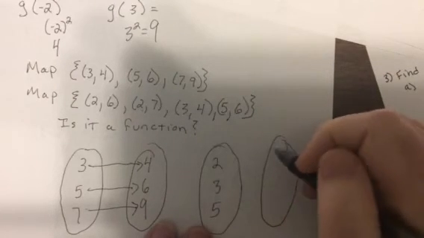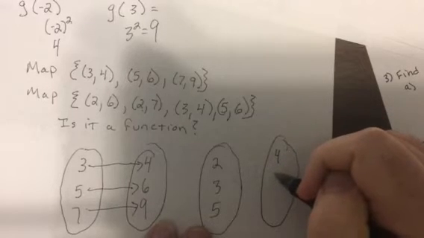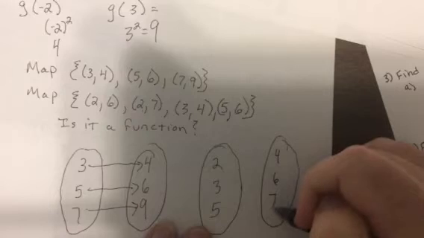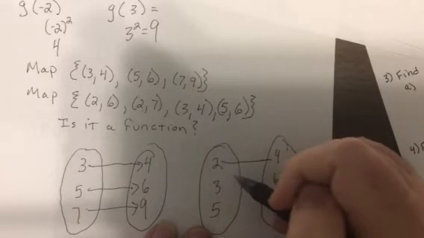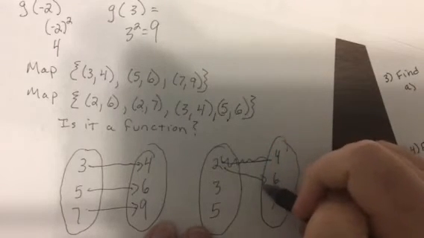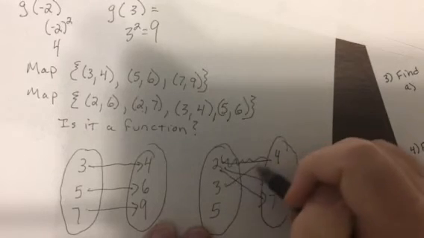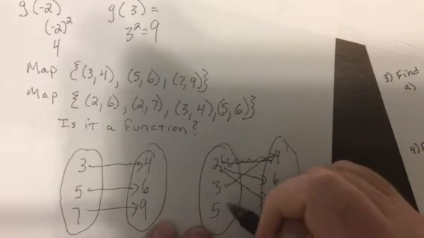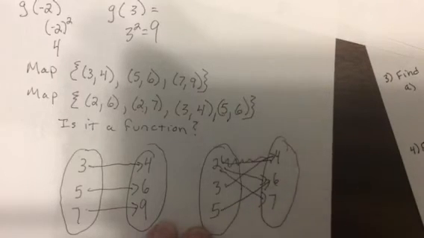So let's do this. I have 4, 6, 7. Now 2 goes to, oops, I made a boo-boo. Cross that out, sorry. 2 goes to 6, and 2 goes to 7. 3 goes to 4, and 5 goes to 6.